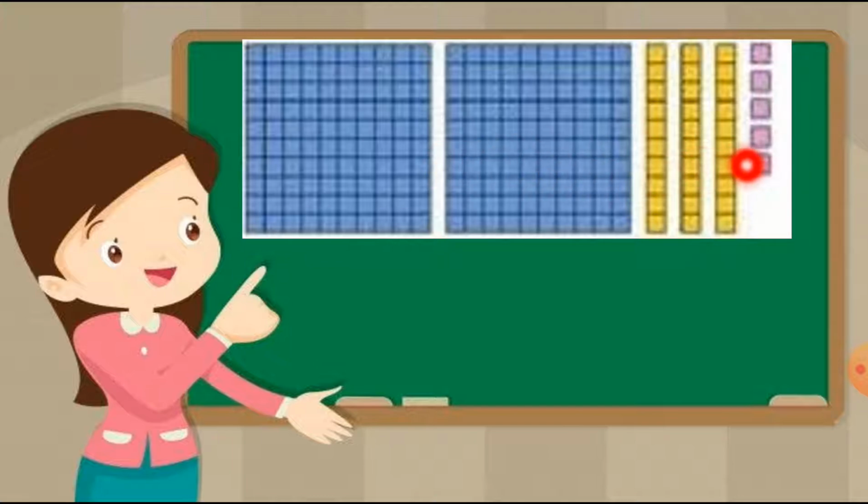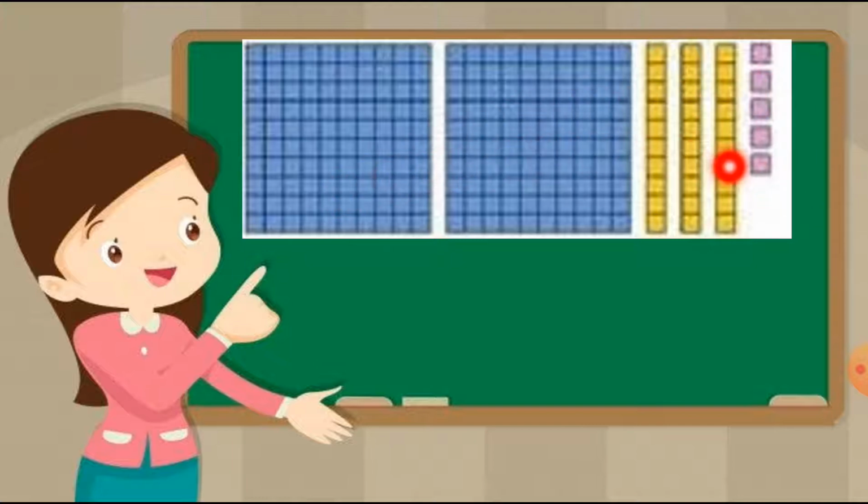You can see they are different colors, so you will easily understand which values are there. So the big boxes indicate the hundreds value, the yellow sticks standing in position indicate the tens value, and the small purple square boxes indicate the ones value, the units value.